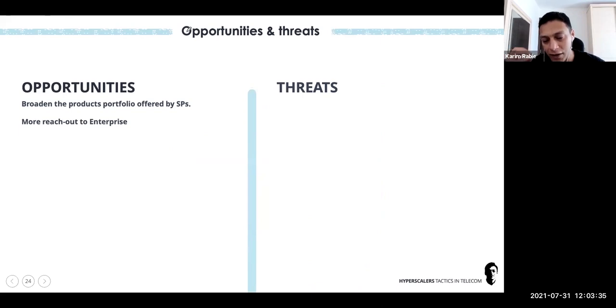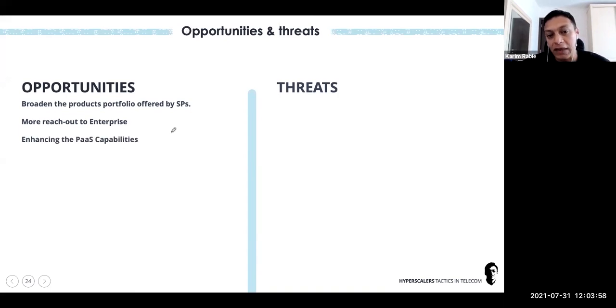Hyperscalers have had great access to enterprises over the last 5 or 10 years. Small and medium enterprises like the hyperscalers. So it is believed that with this partnership between hyperscalers and CSPs, there will be more reach to enterprises, and for hyperscalers, more reach to governmental entities.